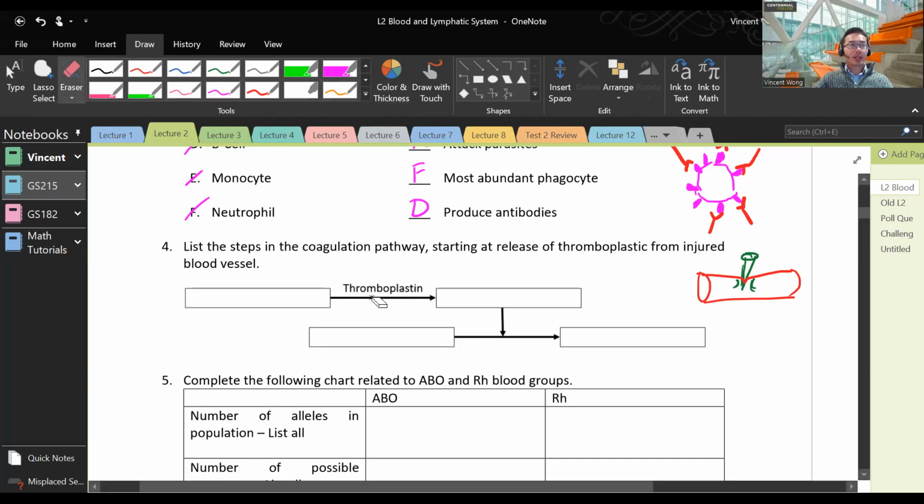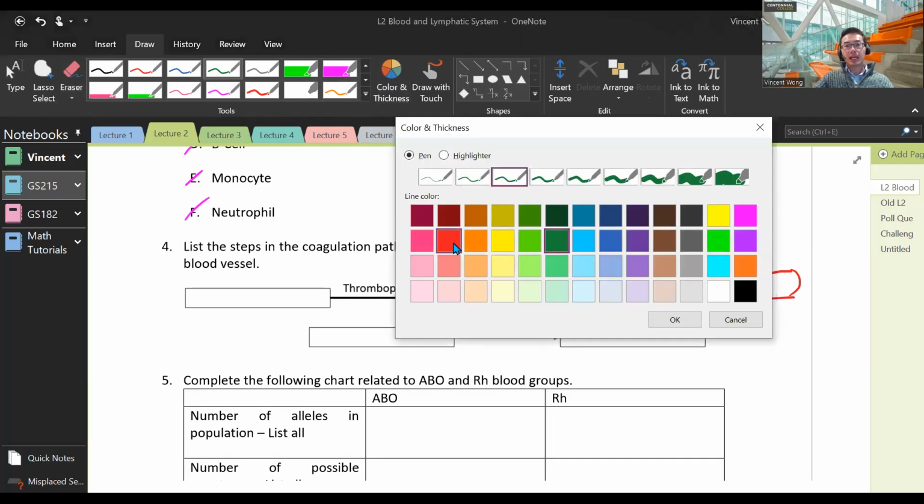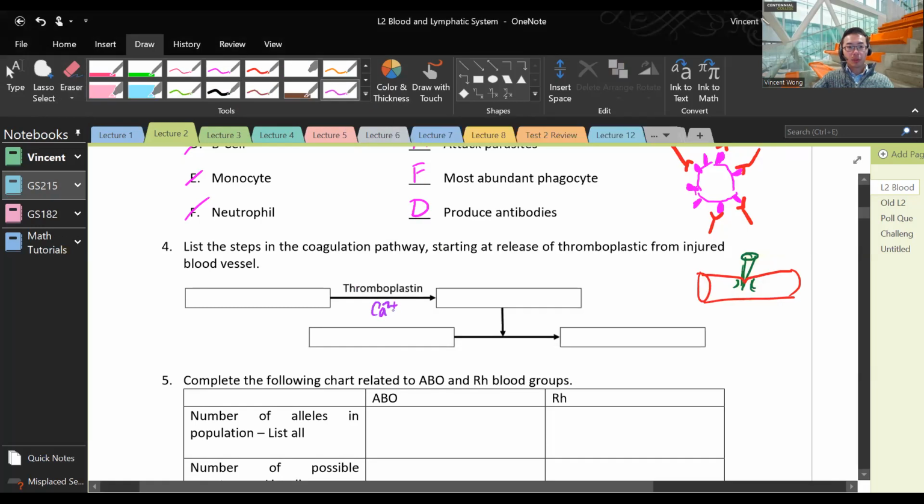So in the presence of thromboplastin, along with a little bit of calcium, we will convert prothrombin, which is inactive, into the active form, thrombin. And then it's a cascade of events, like a domino effect.